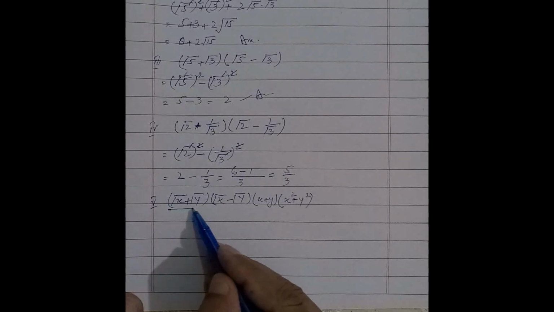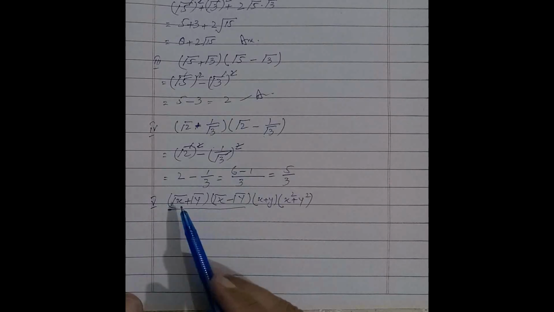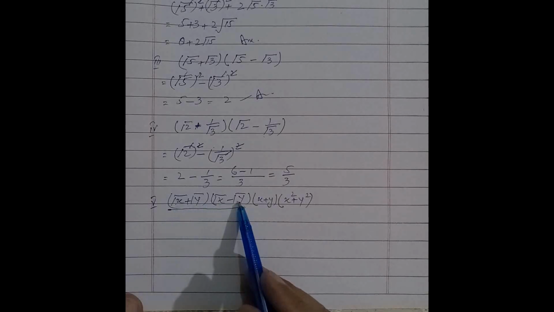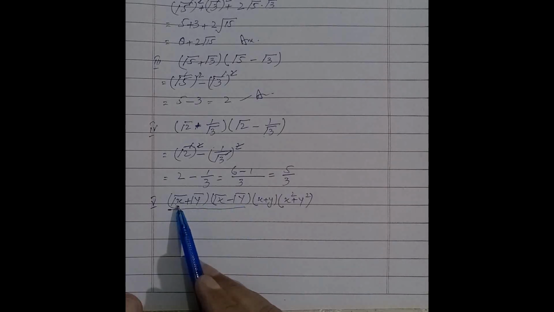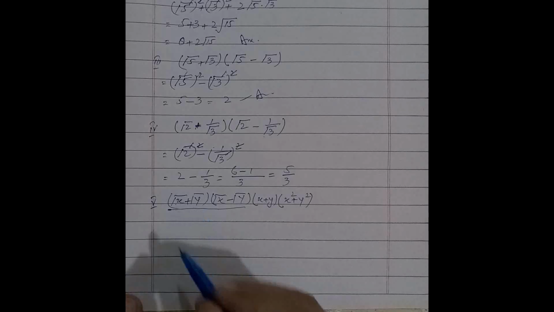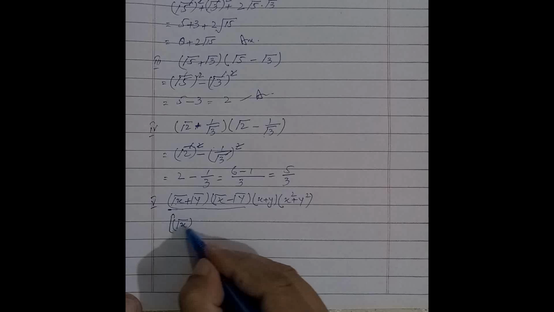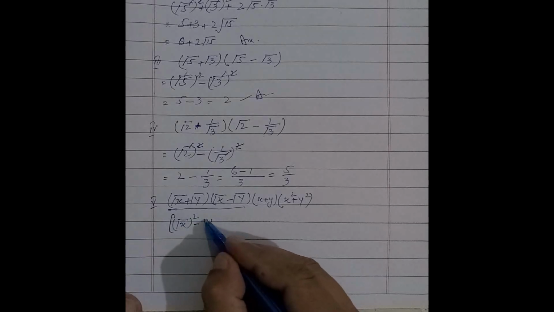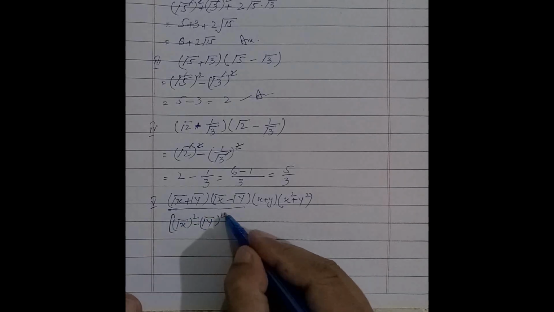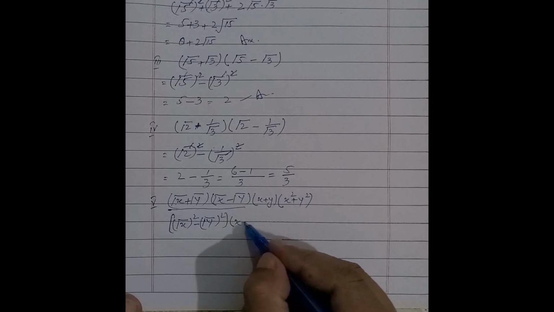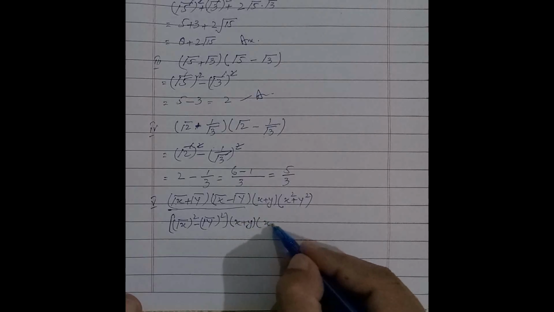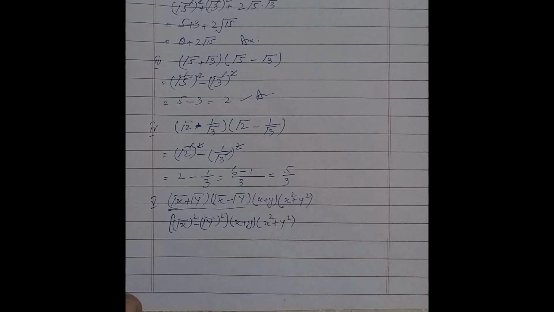First, these are the values. We apply the formula in which a is √x and b is √y. The answer is (√x) whole square minus (√y) whole square. And other values x plus y, x square plus y square.